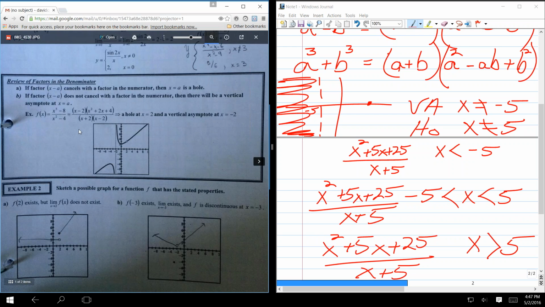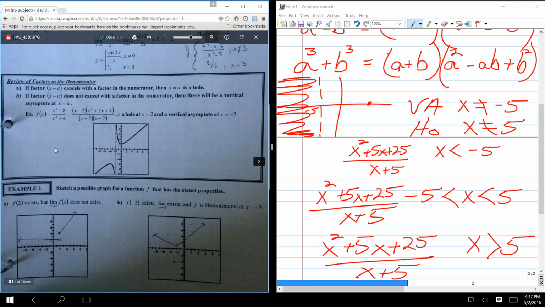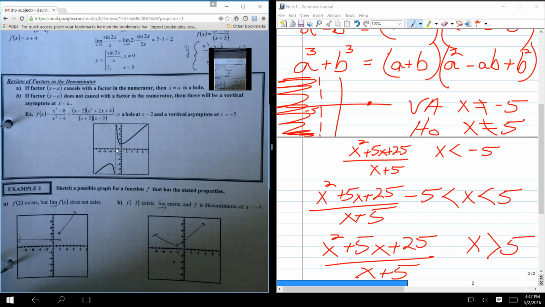Now, how would you describe that as a piecewise function? Exactly as we did. From minus infinity to minus 2, it would be this function: x squared plus 2x plus 4 over x plus 2.